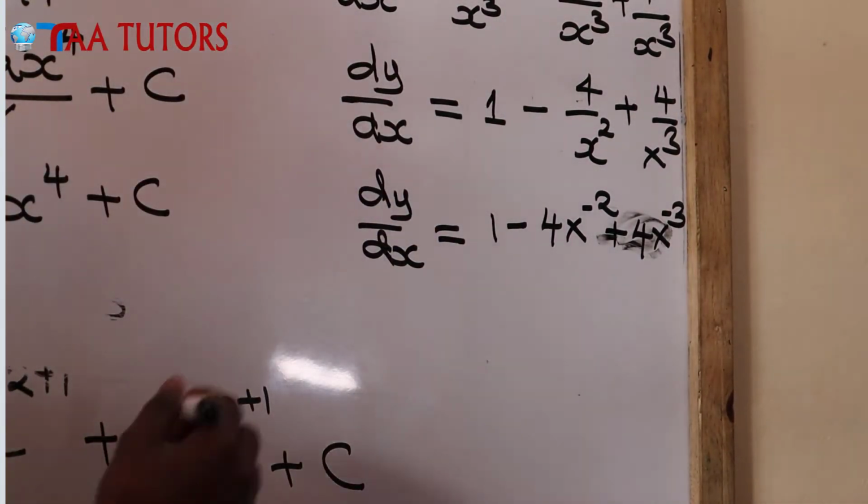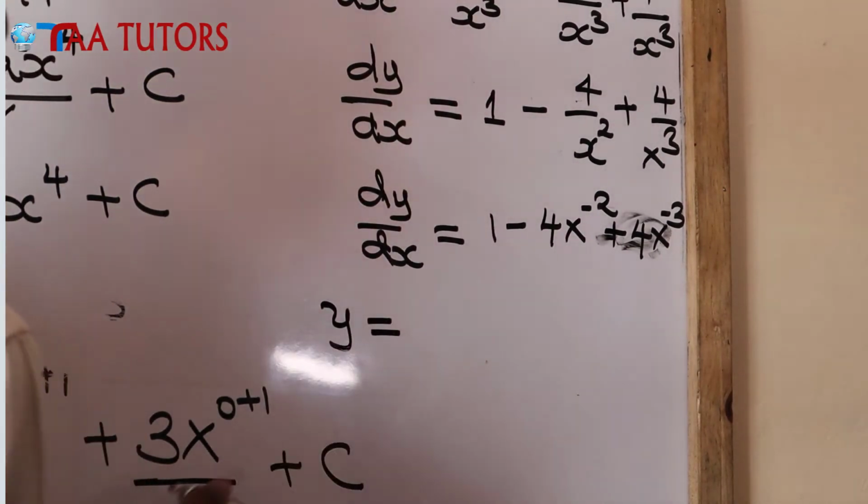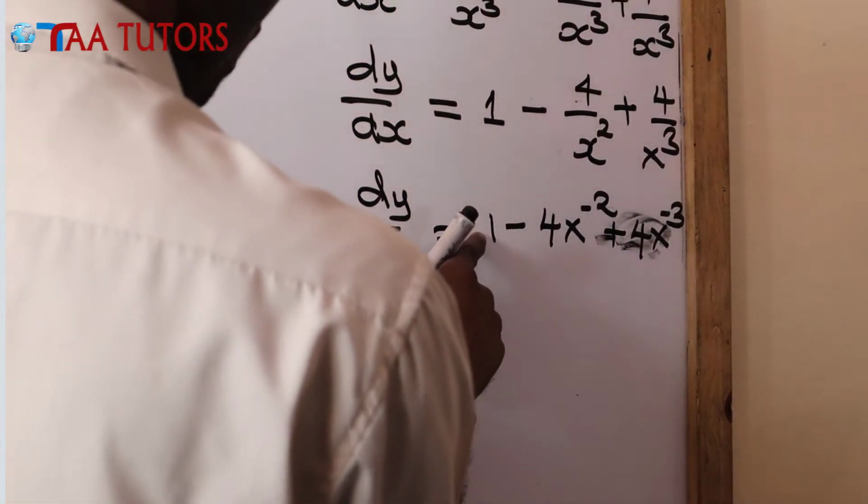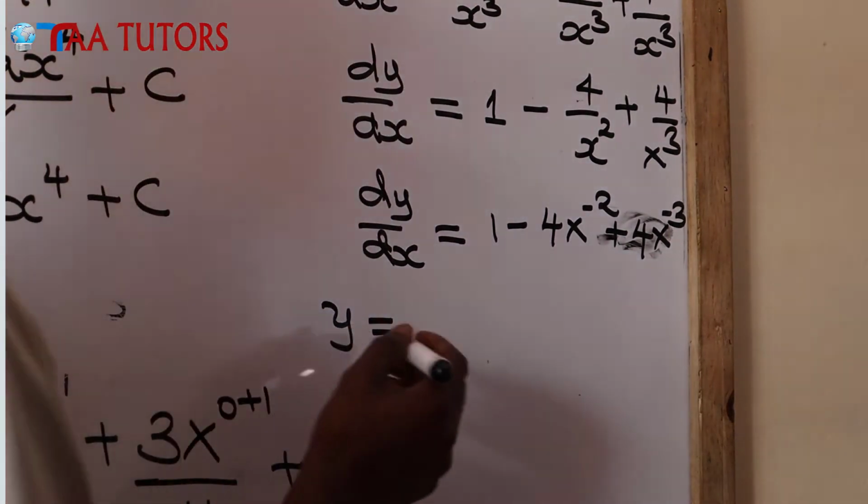So if you have that one, we can therefore say y equals, we know 1 is the same as 1x power 0.